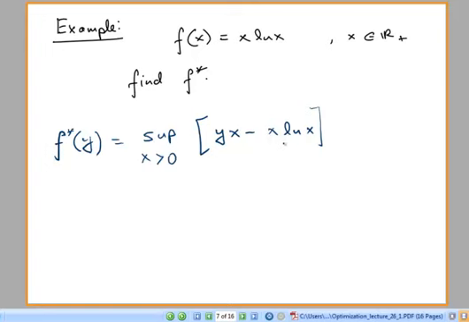Okay? And we already know for each fixed y, this is a differentiable function. It's a smooth function. Okay? So if it's a smooth function, wherever its supremum or infimum is attained, it's an extremum point, so it's a local minimum or a local maximum.